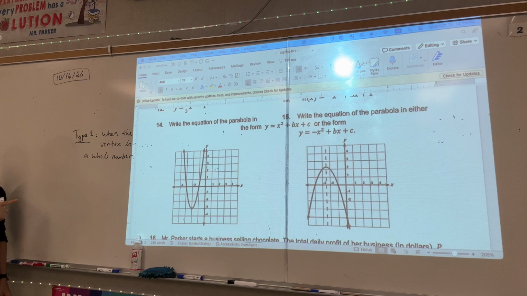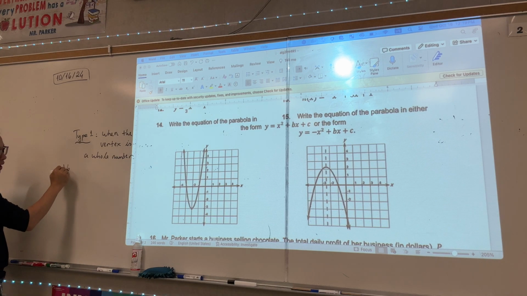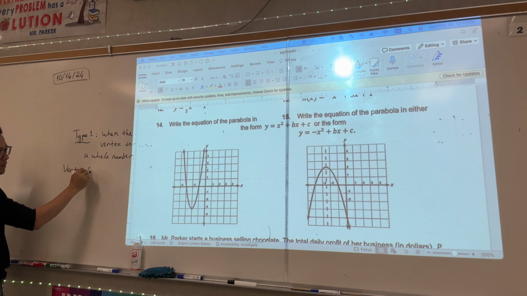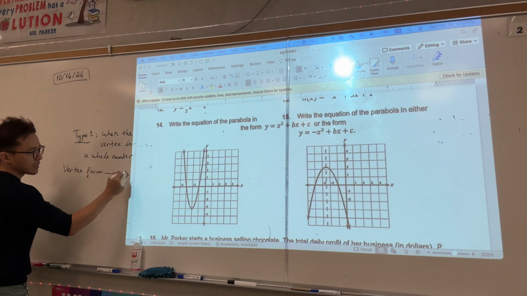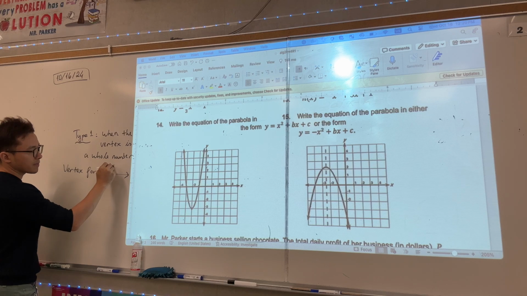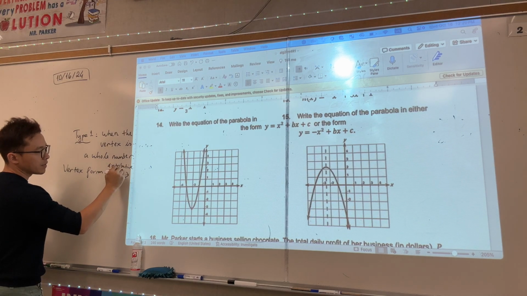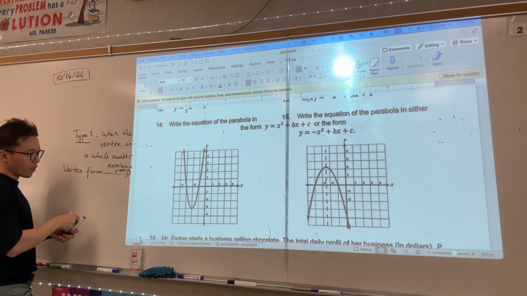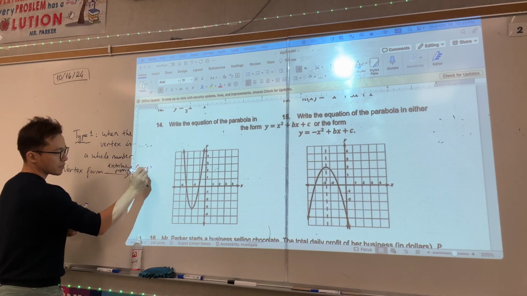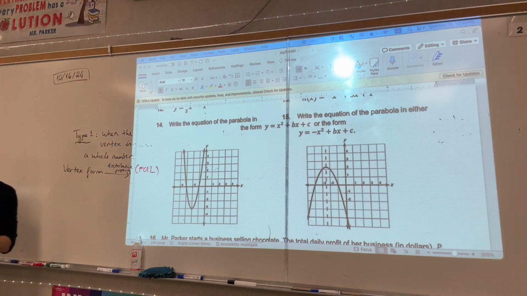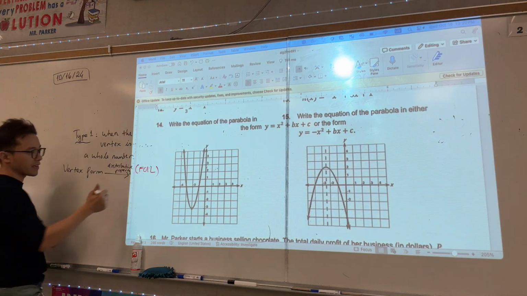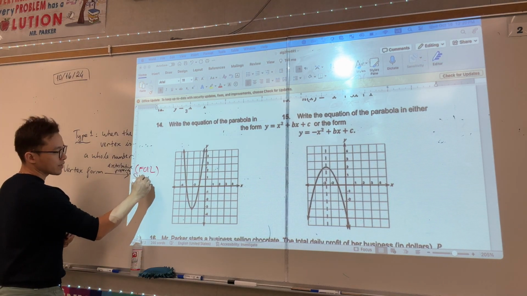This is question number 4 on the quiz. Try to find the vertex form, write in the vertex form, and then use the distributive property or FOIL. That means FOIL: first, outer, inner, last. Very good. To get the standard form, okay?